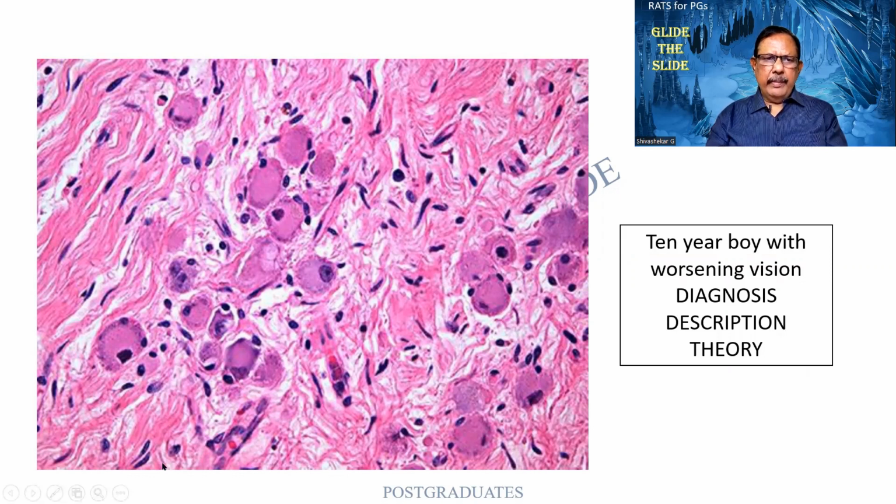First, let us describe. I am finding that there is a mixed population of cells on the screen. Some are plump with round nuclei and prominent nucleoli, whereas others are bundles of wavy fibers.